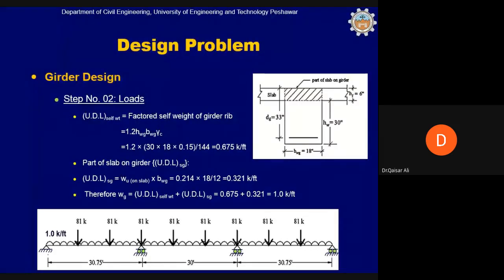And this slab part step would be necessary only in the case where the analysis has been done based on the clear lengths. If the analysis is being done based on the center to center length, then this step is not required.